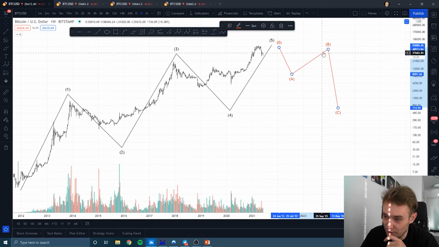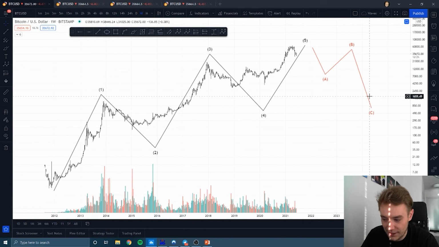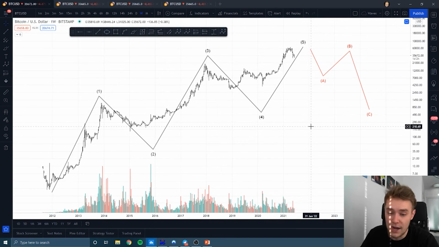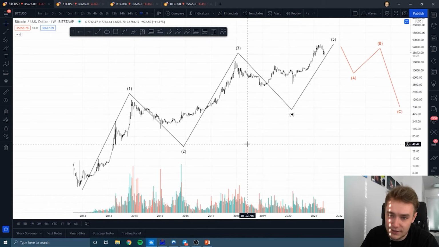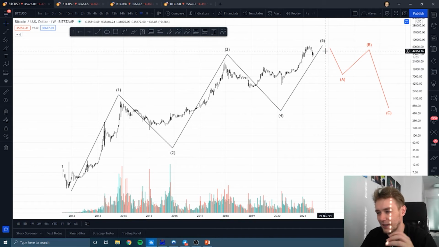Which means, if this is Bitcoin's entire history, timing's very hard to predict, but this could easily be a two or three year bear market, into 2024 or something like that. So this is where that narrative is coming from. And what we're going to try and do throughout this analysis is suss out if this is true. Is this the end to Bitcoin?